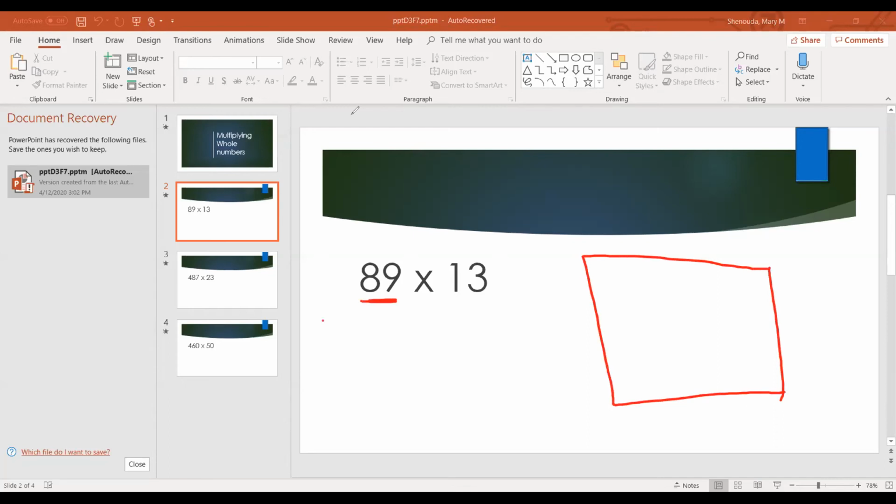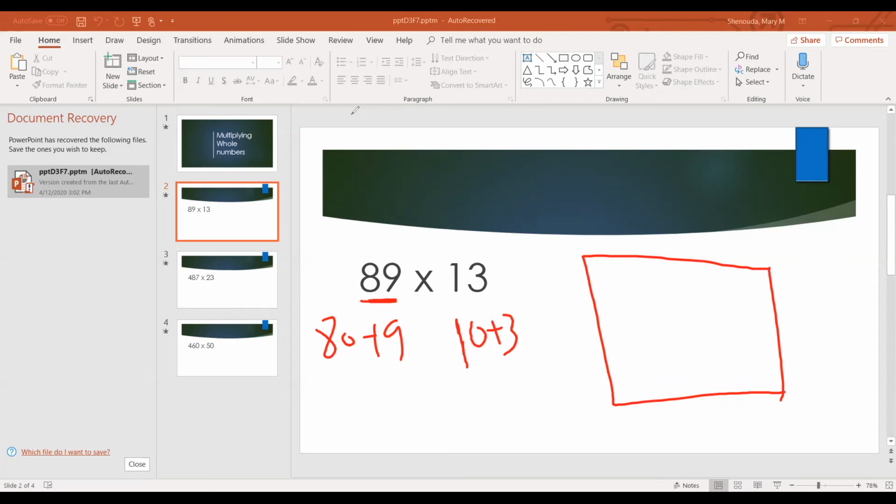So 89 means 80 plus 9. And 13 is the same thing as 10 plus 3. You want to split it into easy numbers. So saying 70 plus 19 is not very easy. You want to try to split it into whole numbers, if possible numbers with zeros, so they're easy to multiply.